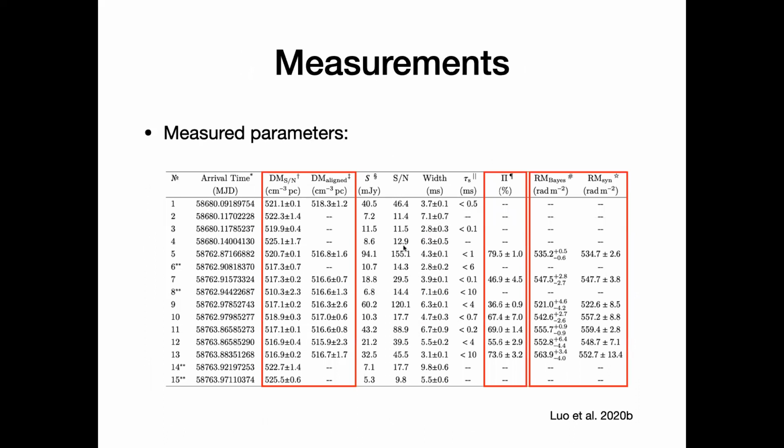You can see that we have maybe above 100, but for the Price detection, they only have 16. It's much lower. They still feel very pessimistic about their polarization measurements because of the low SNR as well as band-limited emission.